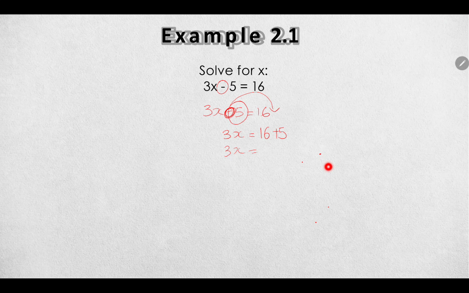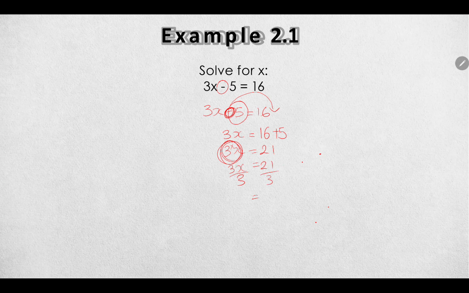Now, 16 plus 5 is 21. Remember, to get the 3 by itself away from the x, which are joined through multiplication, you have to cancel them out. And how do you do that? You divide, right? Now, you have to divide both sides.